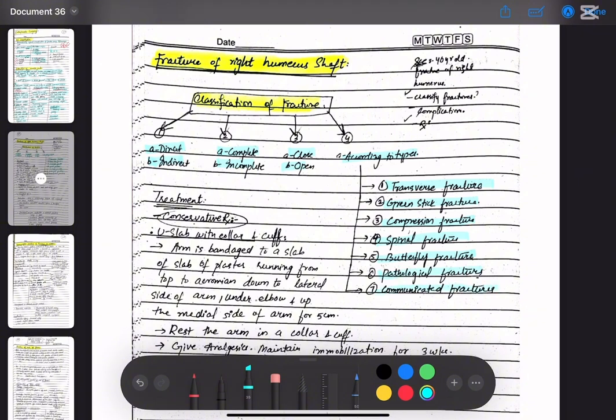If any question comes from the orthopedic portion in the paper, in the first part of the question they ask to classify the fractures, or to mention the classification of fracture. So this is the major classification, that is the direct and indirect, then the complete and incomplete, then the closed and open, and then according to the types we are having transverse, greenstick, compression, spiral, butterfly, pathological, and comminuted fracture.